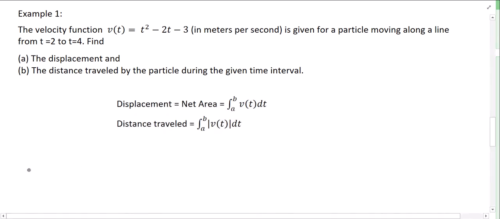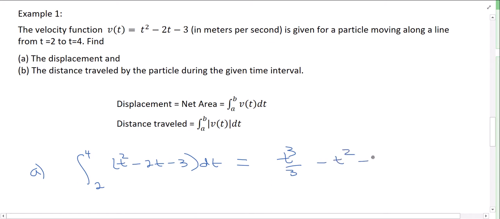So displacement, we're just going to say is the integral from A to B, so from 2 to 4 of v of t. So we have the velocity, so it'll be t squared minus 2t minus 3 dt, and we just find the antiderivative here. So that will be t cubed over 3 minus t squared minus 3t from 2 to 4.